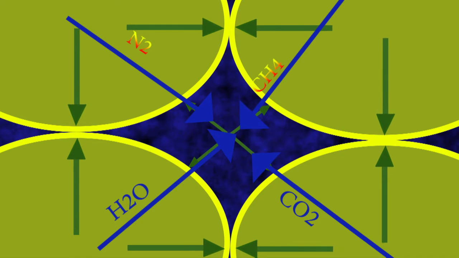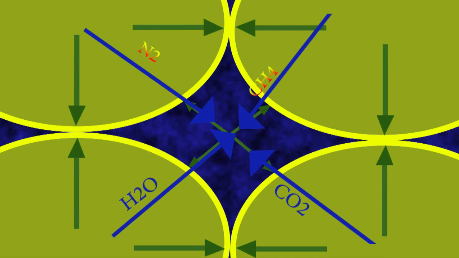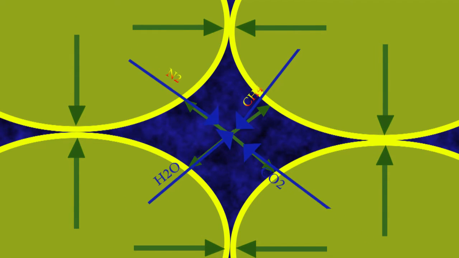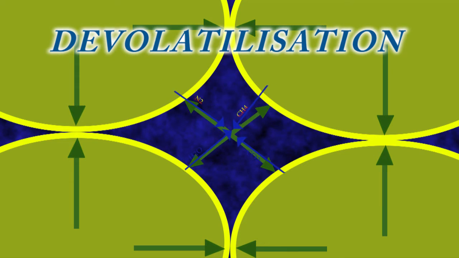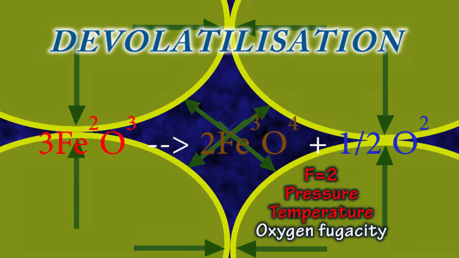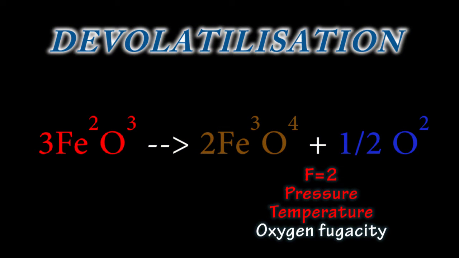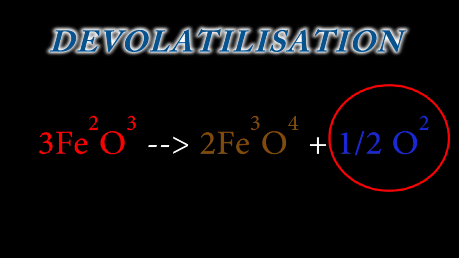With less severe metamorphism, we might see methane being released by reactions, and in generally rare cases, maybe nitrogen or hydrogen. Reactions releasing these fluids are called devolatilization reactions, and as we saw with our buffered iron oxide example, the release of these volatiles is dependent not only on pressure and temperature, but overall fluid pore pressure and composition.